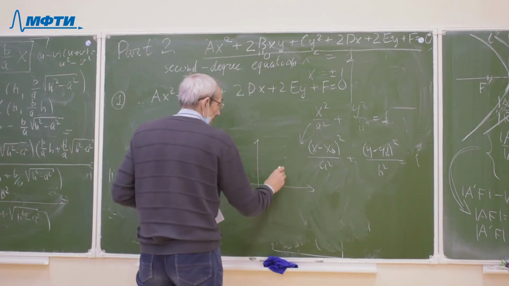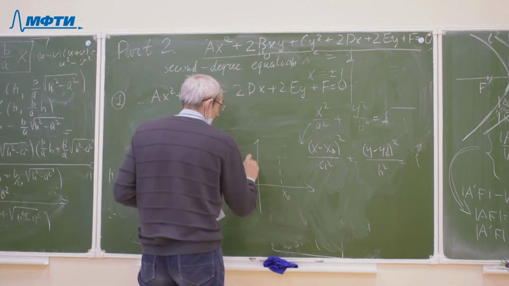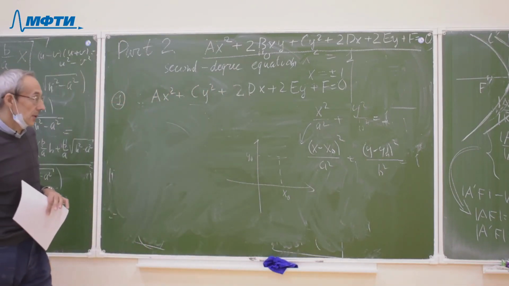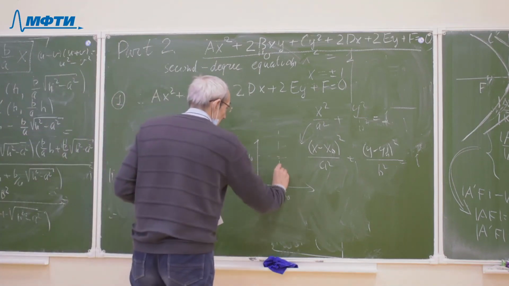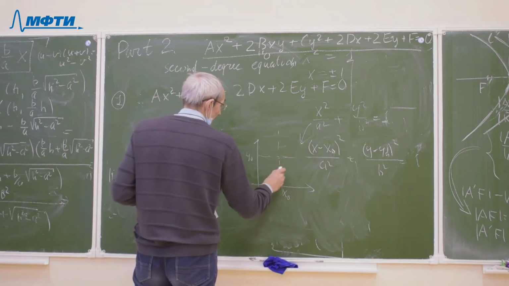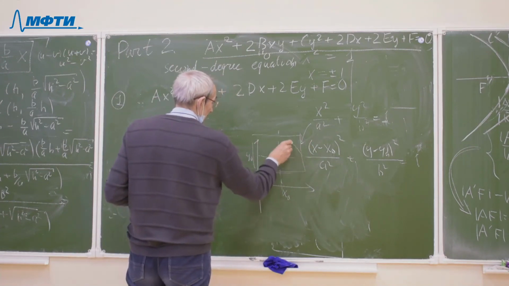If x0, y0 is the origin of the new coordinate system, in this new coordinate system we obtain the canonical equation of the ellipse.